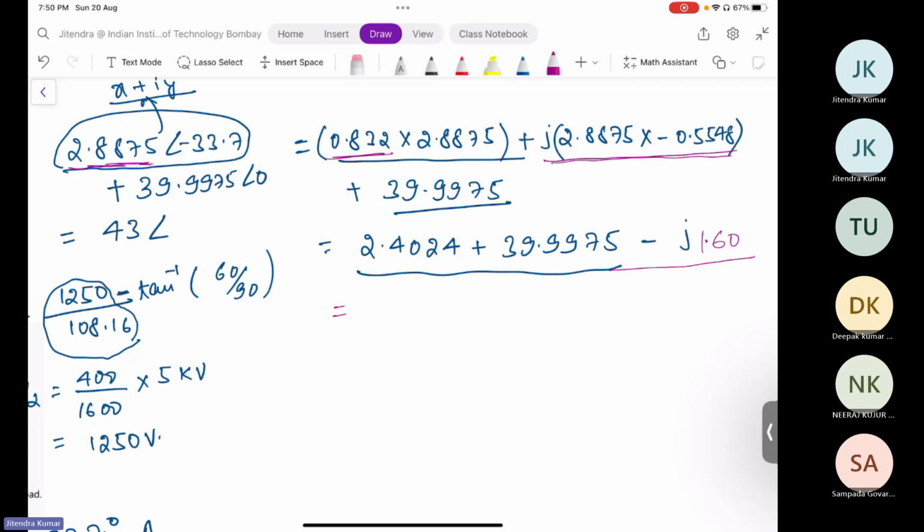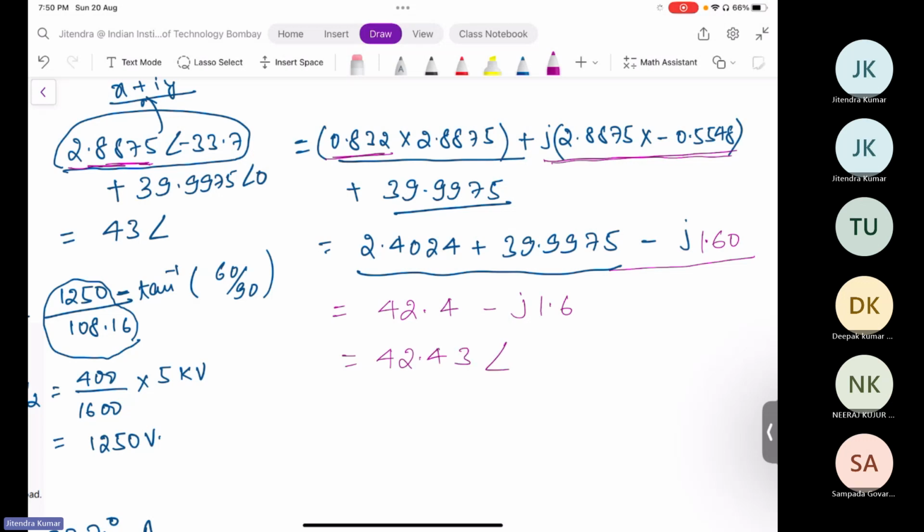Now you have to add the real part separately and the imaginary part separately. So you will get 39.9975 plus 2.4024. So it is 42.4 minus j 1.6. Now you have to take the square root of 42.4 squared plus 1.6 squared, and you will get 42.43, and it will have some angle.